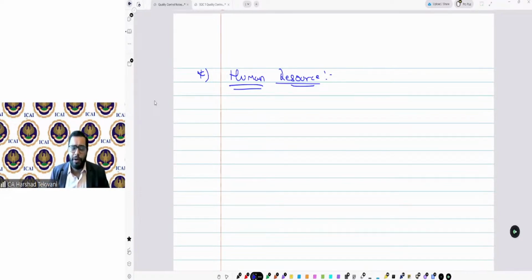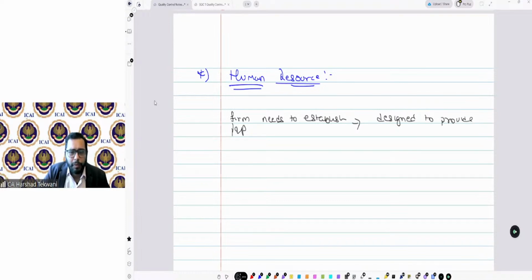So again, whenever I say SQC 1 requirement with respect to a particular area, SQC 1 will say that the firm needs to establish policies and procedures designed to provide it with reasonable assurance. Reasonable assurance regarding what?